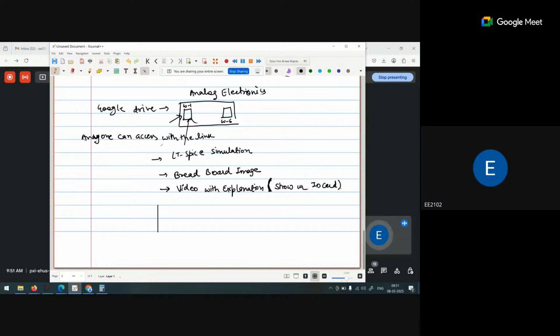This is my input, and we give this input to the integrator. So, what is my output?